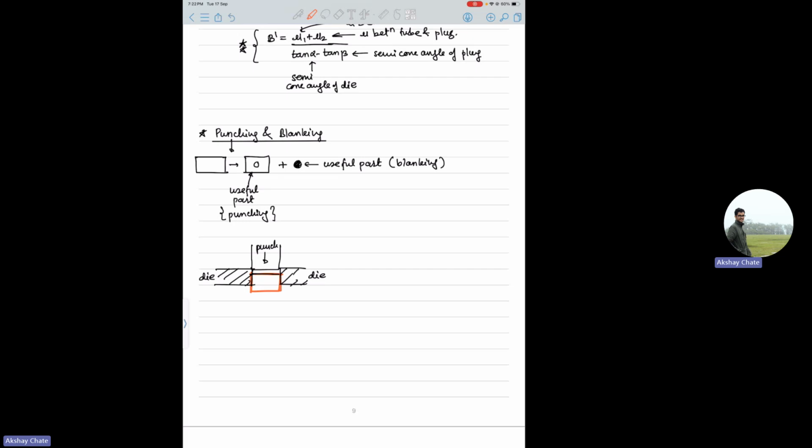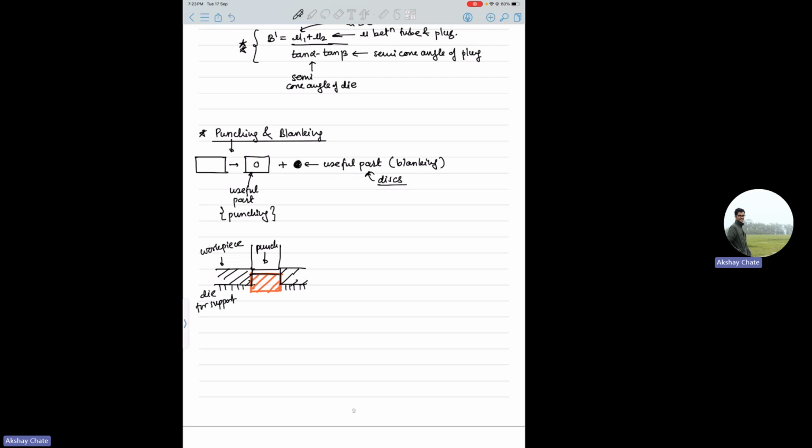Oh, sorry, the die is at the bottom actually. So this is your workpiece, and the die will be somewhere here. The die is there to provide support. And then you have this punching operation. In blanking, usually you get disc-like output, and in punching you'll have holes in your workpiece.